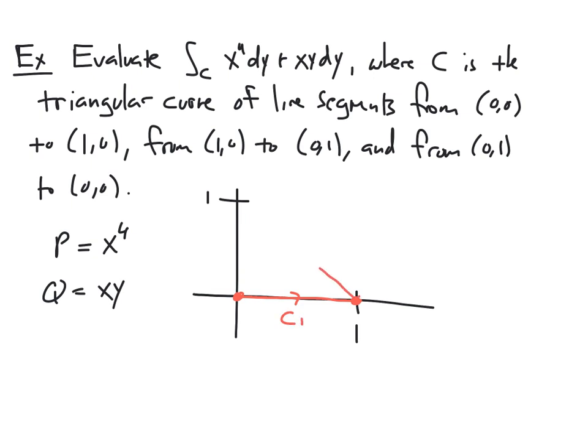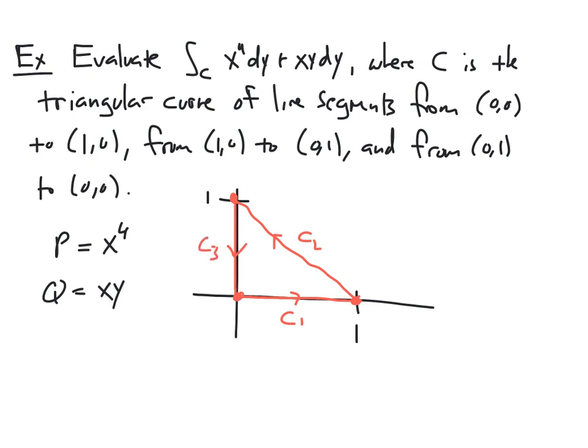Then we have from 1, 0 to 0, 1, I'm sorry, which we might call C2. It goes in that direction. And then 0, 1 down to the origin, this would be C3.